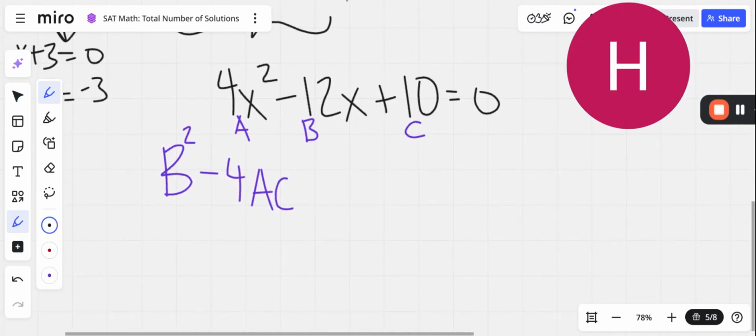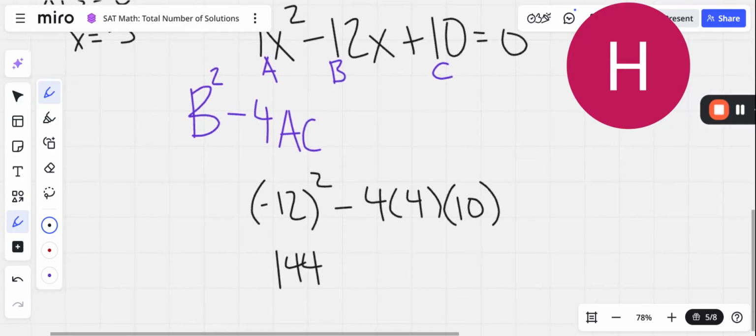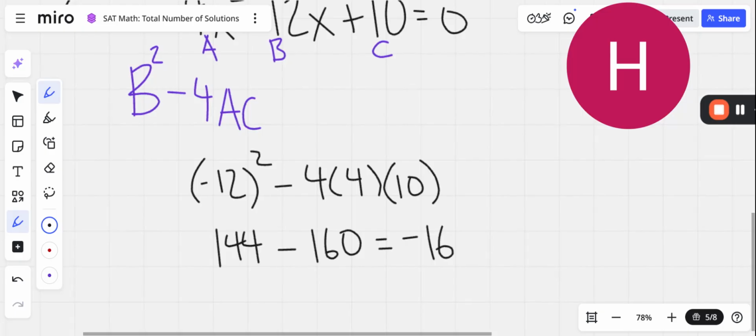Now we're going to calculate b squared minus 4ac, so that's negative 12, but it's squared, minus 4 times 4 times 10. This is 144, a pretty big number, but it's minus 160, and this is a negative 16, which doesn't mean that much in terms of its value being large or small.